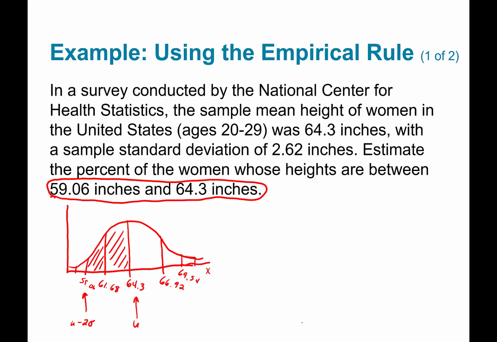So either way, the 34% plus the 13.5% would give you your 47.5%. Or just remember that you have 95% of your data within 2 standard deviations of the mean on both sides, and we only have one side, so we're dividing that by 2, and you also get your 47.5%.